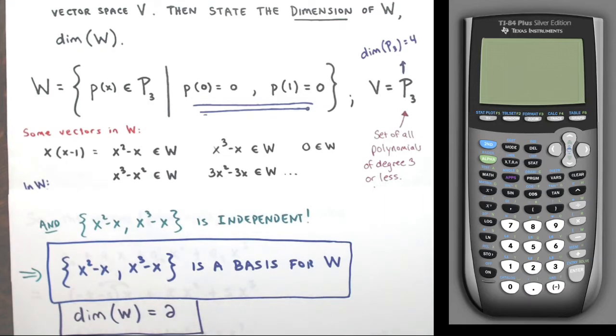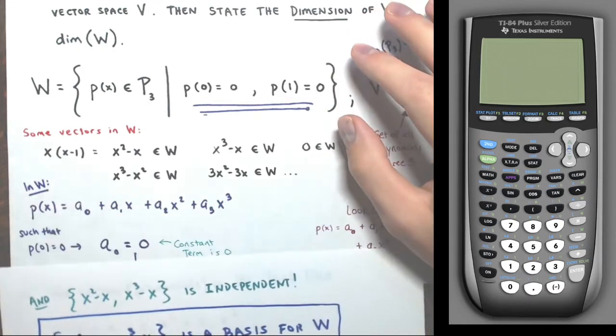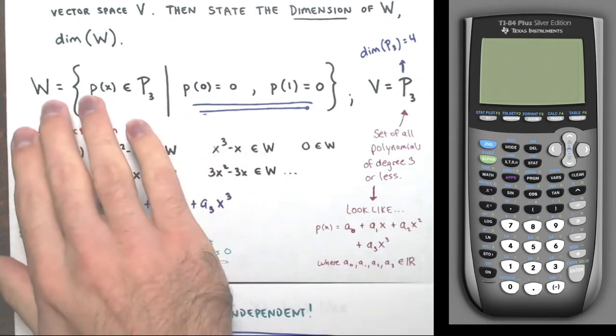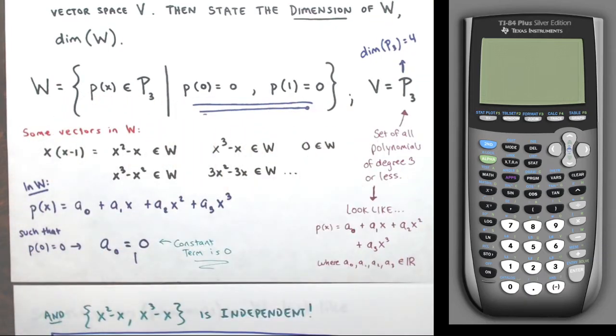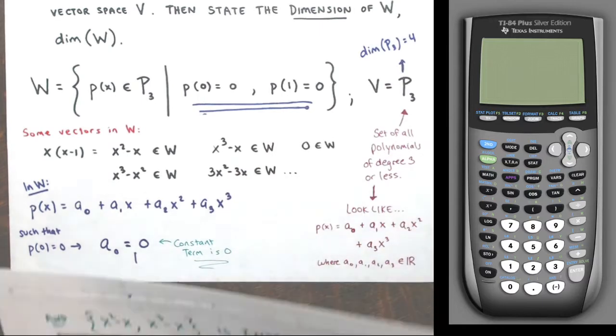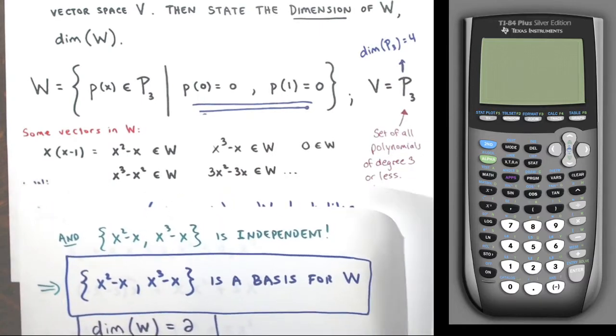Okay. So, again, just to recap what happened here, I'm given a subspace of a vector space. First, I'm going to look at what all the vectors in that vector space look like, and then which ones of these would actually satisfy conditions to be in my subspace.